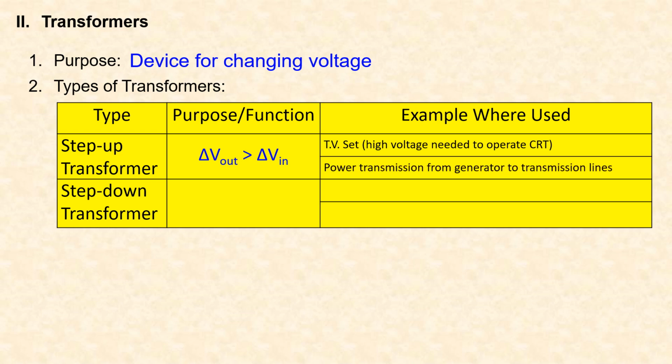We also mentioned the example of power transmission, that in this country we want to transmit power at high voltage, low current in order to reduce the I²R power loss. This greatly increases the efficiency with which electrical power can be transmitted over long distances. So a step-up transformer would be needed in that case.